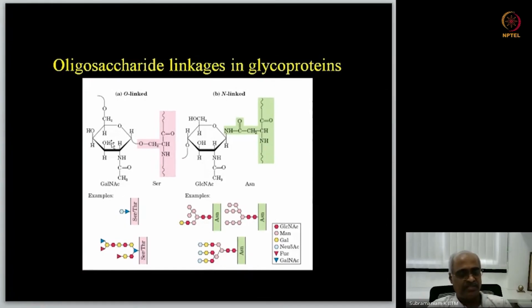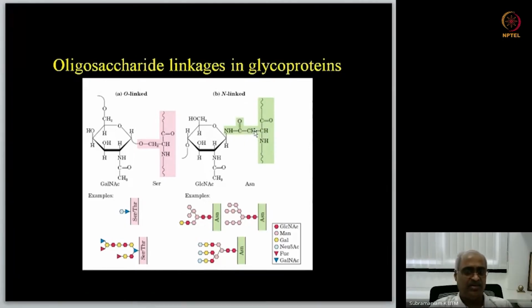in this particular example. This sort of linkage we call O-linked, because the atom that connects the carbohydrate to the protein is oxygen. On the other hand, N-linked ones have the amide group of the asparagine side chain.